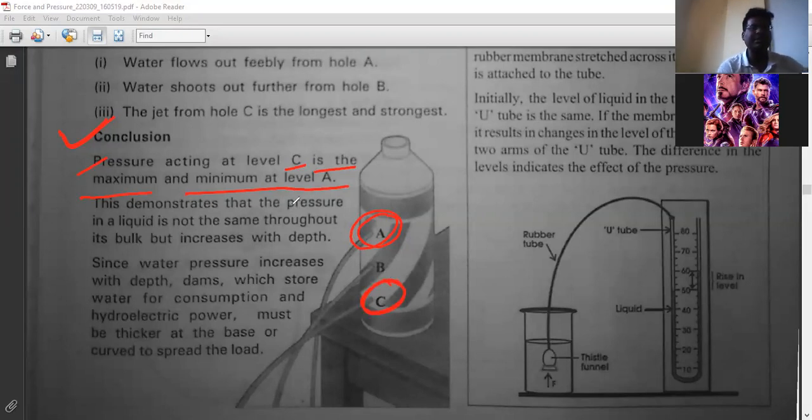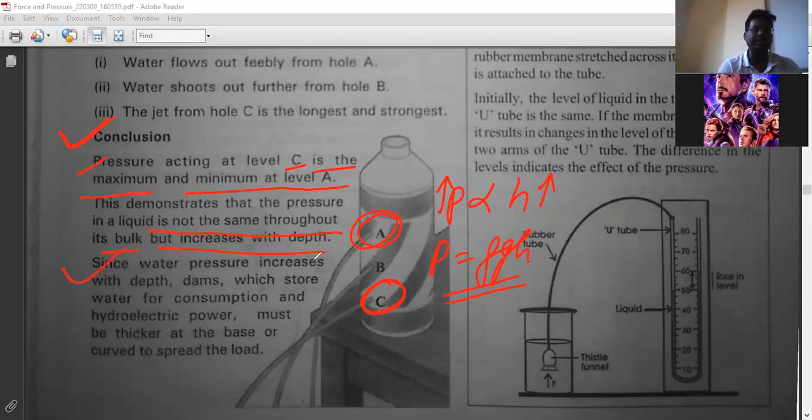So this demonstrates that pressure in a liquid is not the same throughout the bulk, but it increases with depth. So we can say that pressure is directly proportional to h. The larger the h, the larger the pressure. So we can write pressure equals rho g h. So it depends on the depth, right?